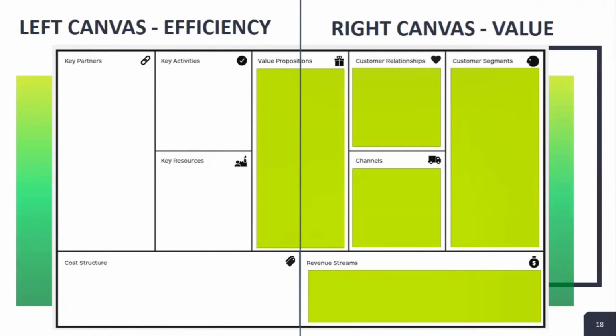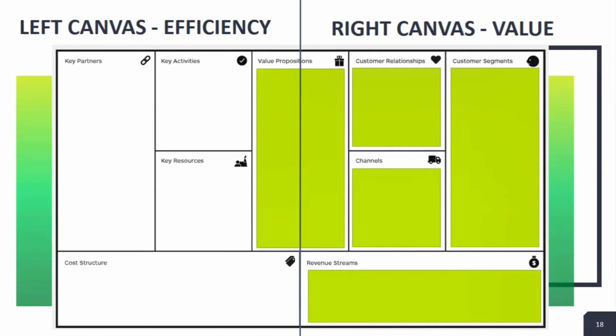In earlier 5 slides, we saw the right side of the canvas. The canvas is made up of a front stage and a back stage, that is right side and left side. On the front stage, that is right side, the canvas very clearly outlines how you are creating value for customers and how that allows you to generate revenues.